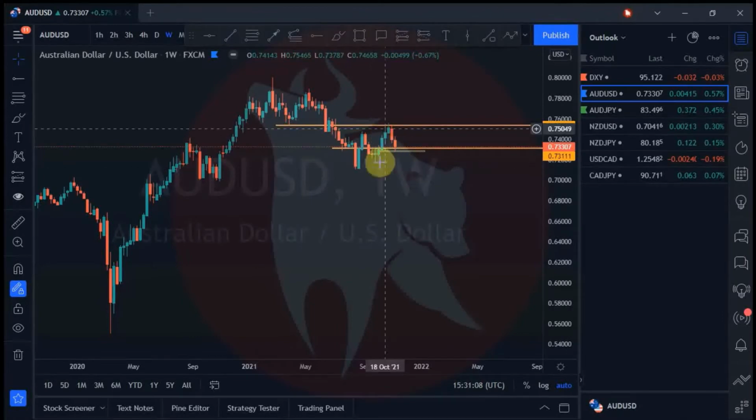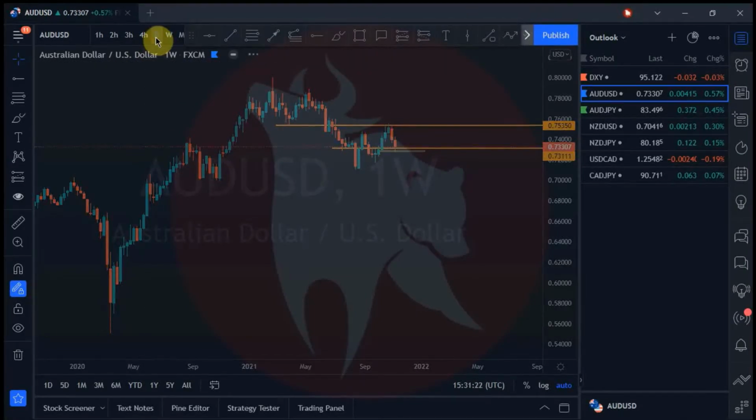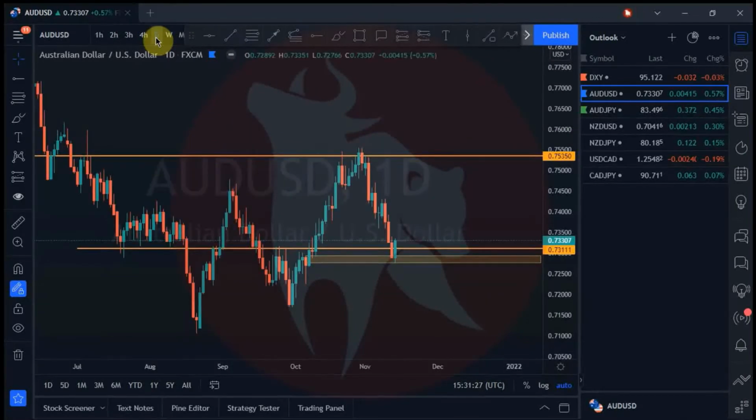Price is back into this small bearish candle, and once price got there, we saw a very quick rejection. That should tell you that price is looking bullish on the AUDUSD.